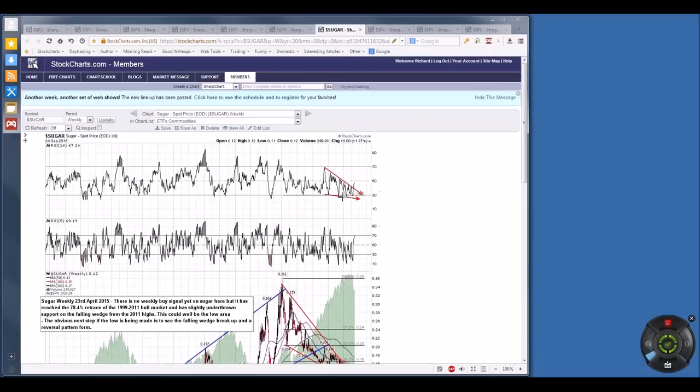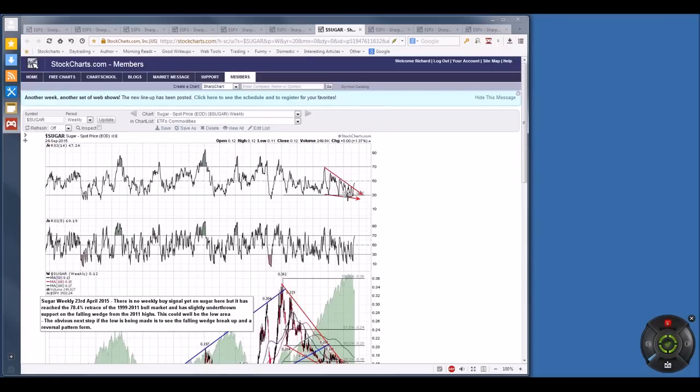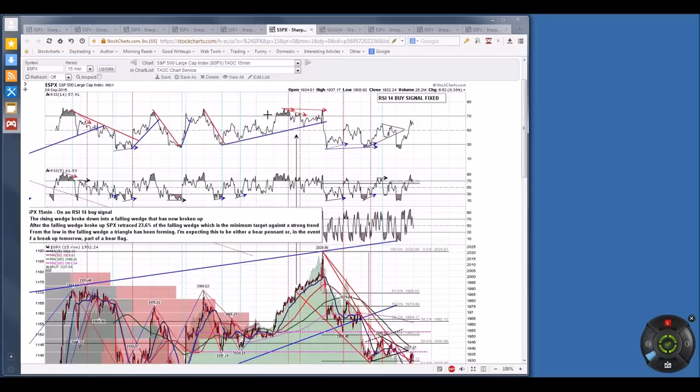Again, beautiful RSI pattern. Used it for the divergences, and on this breakup you've got a divergent low at the bottom. You've got a lower low there and a higher low here on RSI, and then it's broken up. Classic. Absolutely lovely.